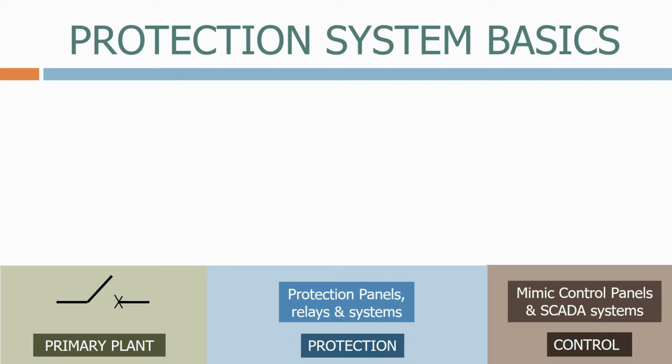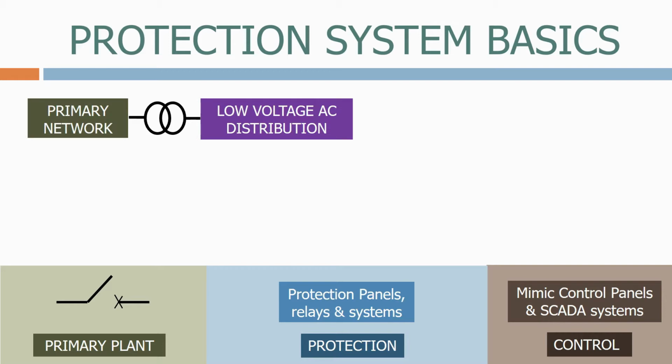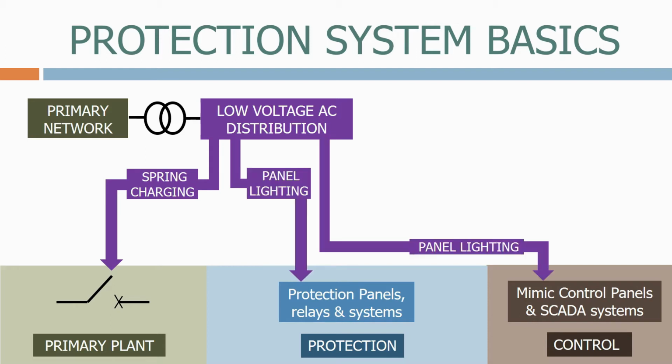Let's see how the auxiliary systems fit together. First, we have the station services transformer connecting the primary network to the low voltage AC distribution system. This system then feeds auxiliary supplies including spring charging and panel lighting to the primary plant and protection and control systems.